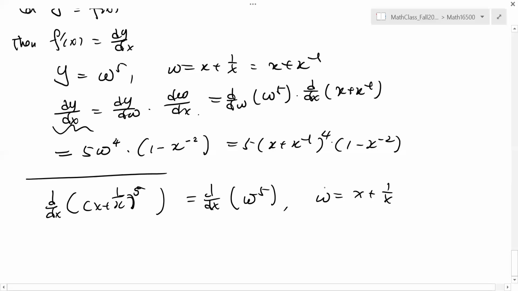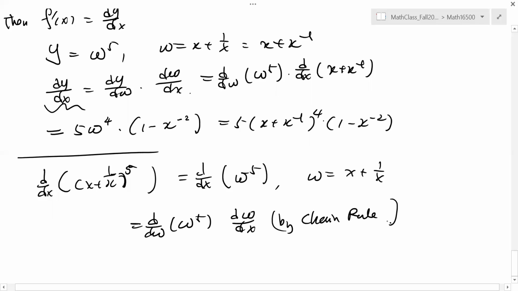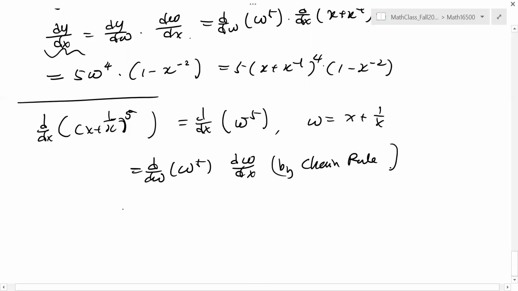Then it's going to be the derivative of a power function with respect to x, not with respect to w. But you can express it in this form as a chain rule. This is the chain rule. So that is going to be 5w to the fourth power, and dw/dx is 1 minus x to the negative 2. So then you get the same answer.